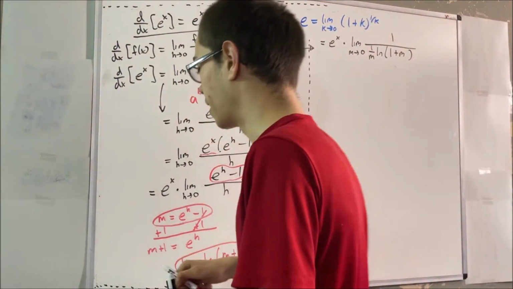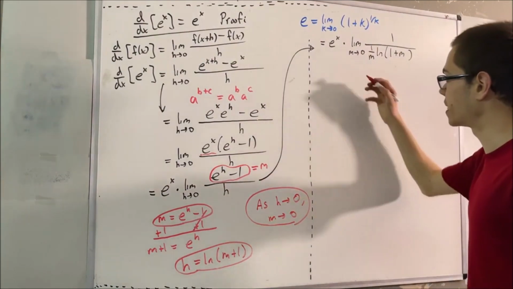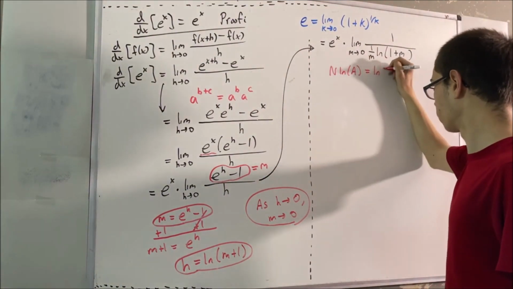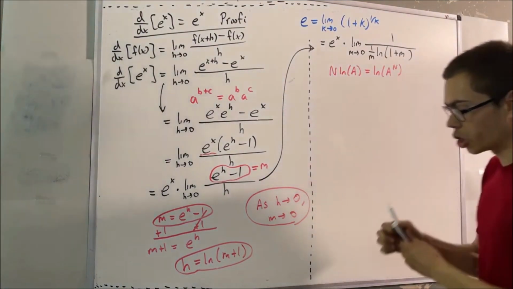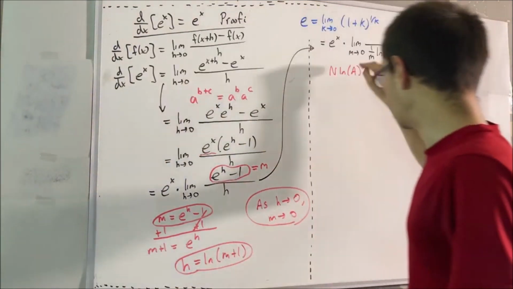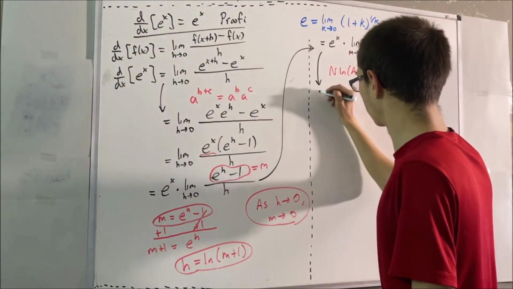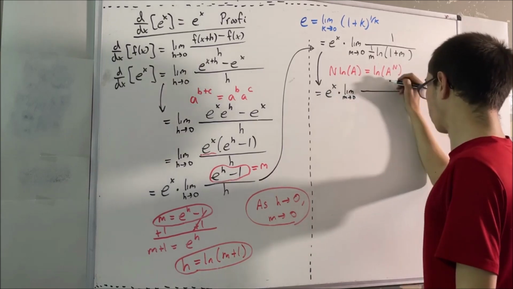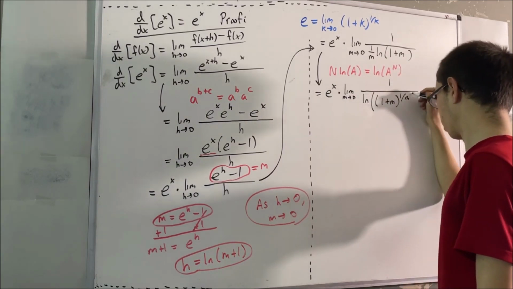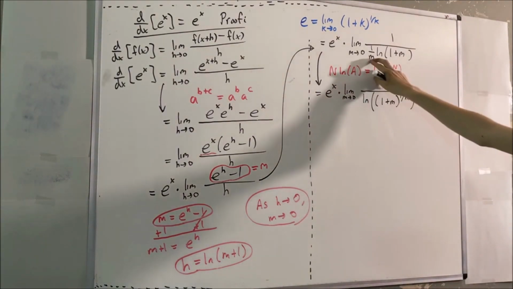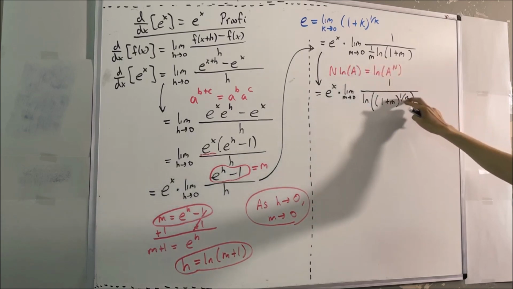If you recall, that's the logarithm power rule, which states that this is true. And so we're going to apply this property to the denominator. So as you can see, we have moved the 1 over m to the inside of the logarithm as an exponent.